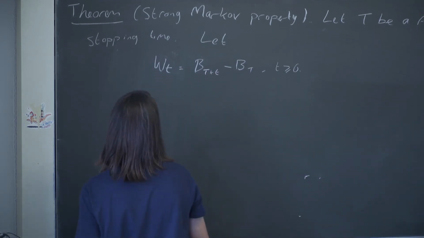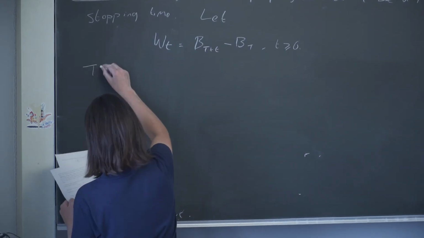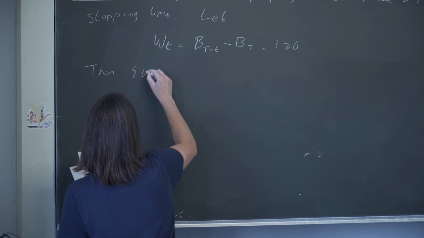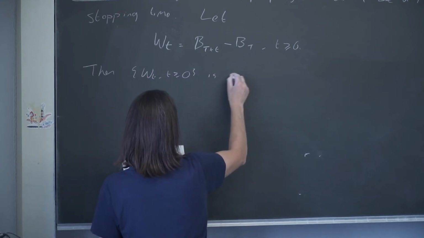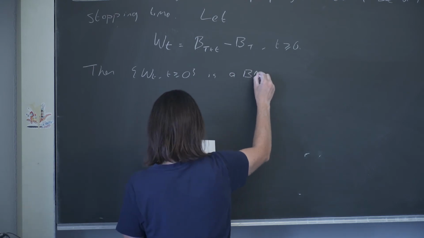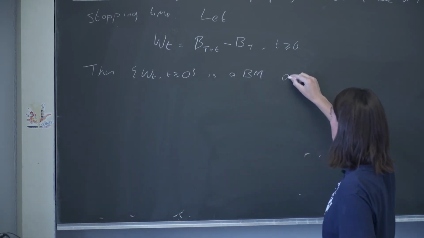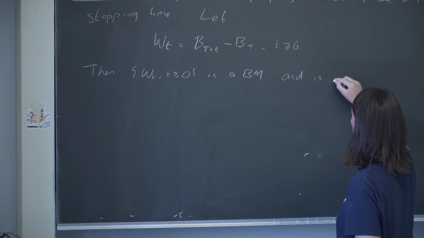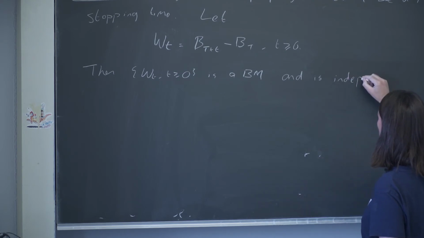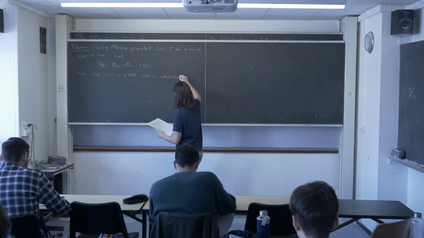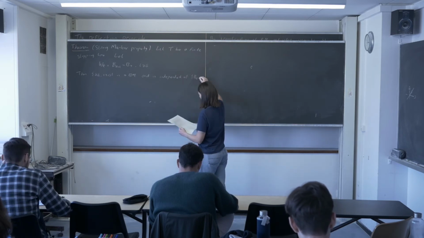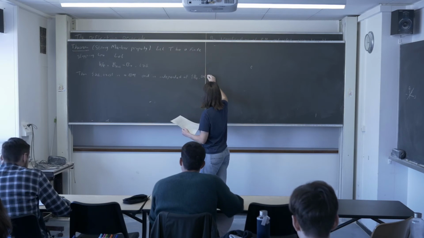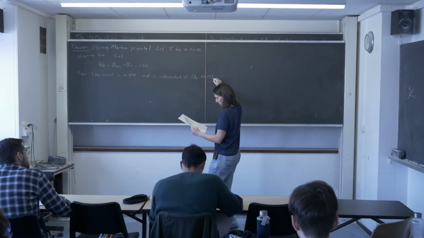Then W_t is a Brownian motion and is independent of B_t, 0 less than or equal to t less than or equal to T.